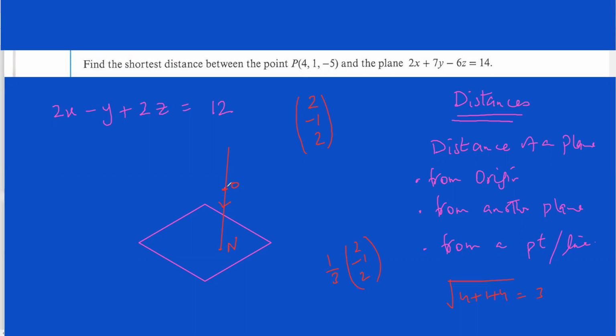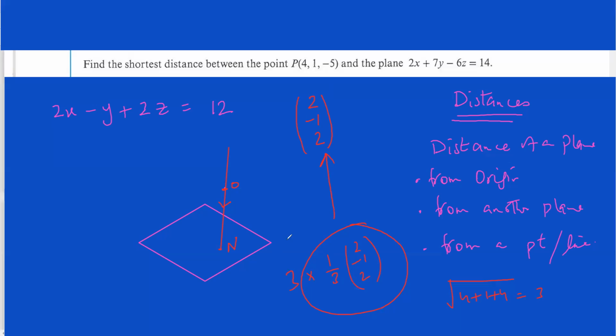So if you want to find the distance of the plane from the origin, you have to see how many units of this are there from this O to this plane up to this N. If this unit vector is 1 over 3 times this, that means this normal is 3 times the unit vector.